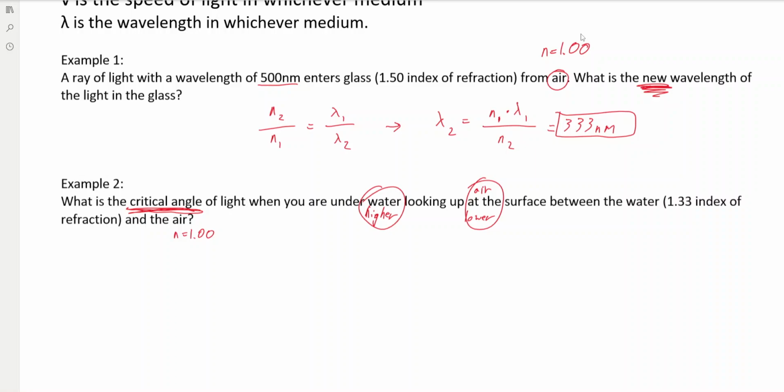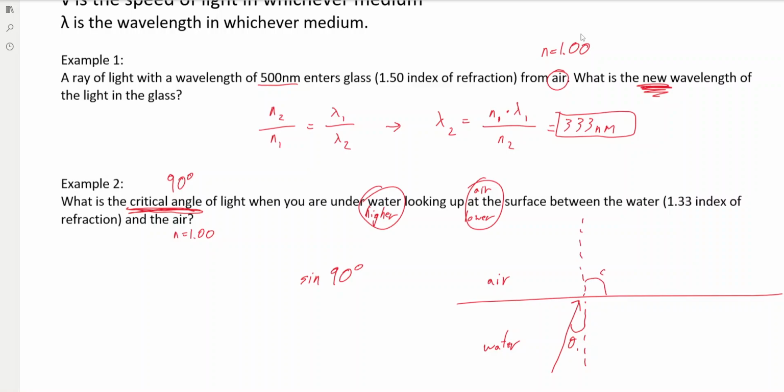So to find the critical angle, well, critical angle means we're talking about the 90-degree angle, because when sine is 90, that means if you look at the surface, if this is our angle in for water, and this is air, if this is our angle 2 and it's 90, then our ray is going along the surface of the water.